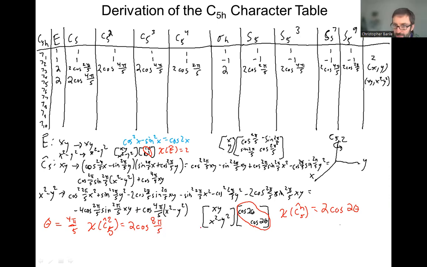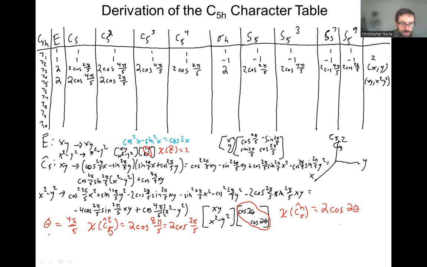And cosine 8 pi over 5 is actually equal to cosine 2 pi over 5. If you do your unit circle analysis, just a trigonometric relationship here. And so up here, we can put 2 cosine 2 pi over 5.